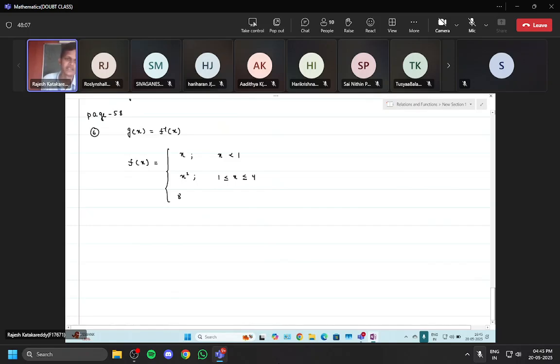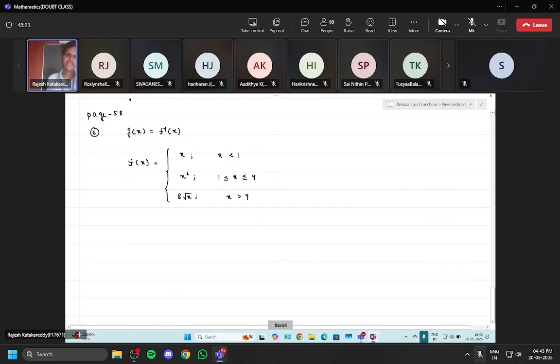After that, 8 into root x whenever x is greater than 4, right? So here, greater than 4 only, less than 4 already.